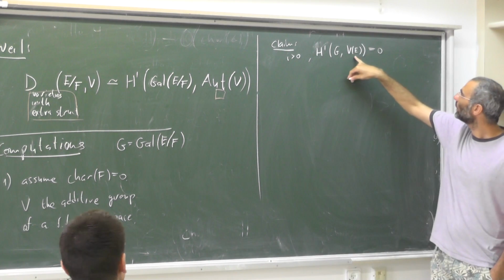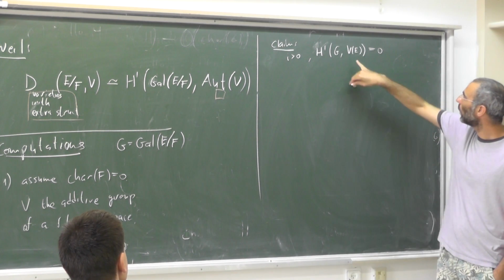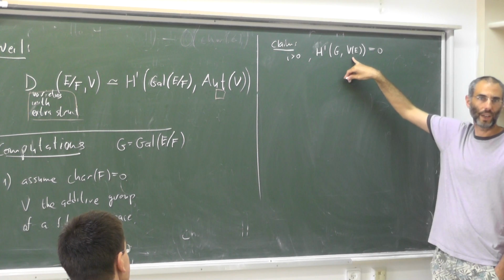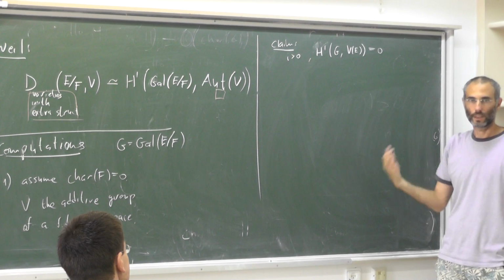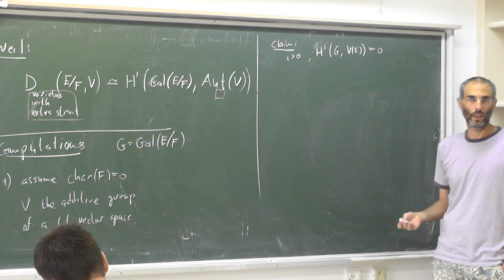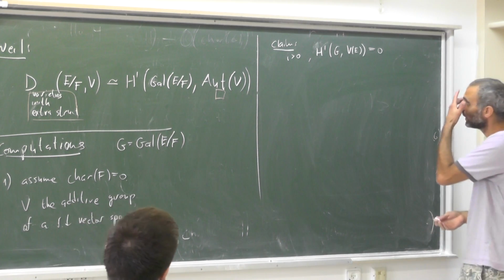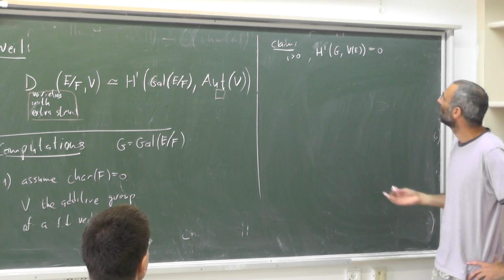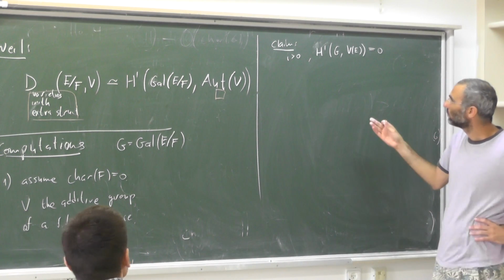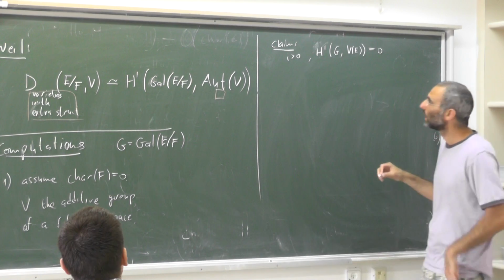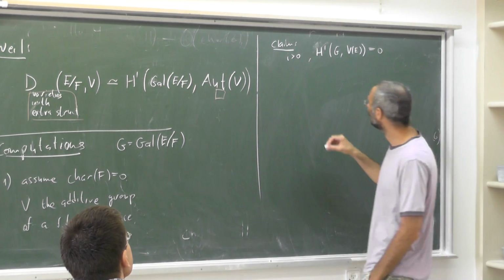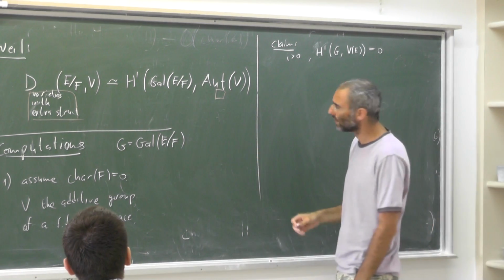So we did it in a special case of a finite group acting on R^n. We've seen that if we have a finite group acting on R^n, whatever way, then H^1 is trivial. Actually, what we did there is true whenever the characteristic is 0.